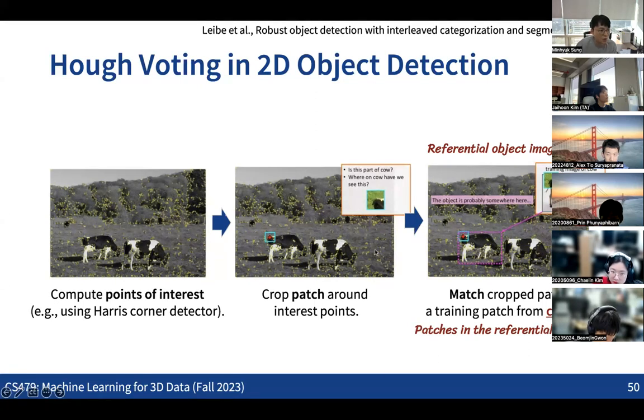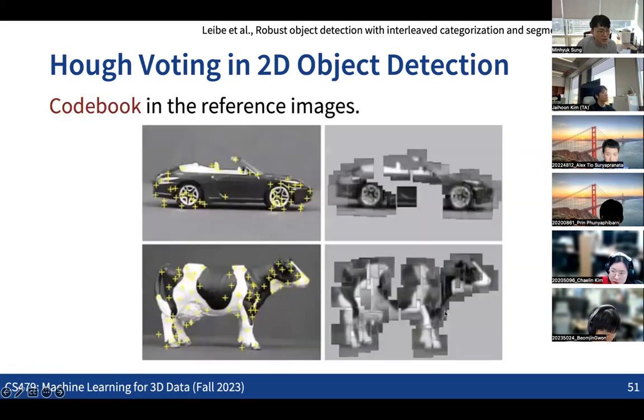Also, for all the patches in the reference set, we know where the center of the object is located with respect to the location of each patch, right? So if we have this patch, then we can draw a vector to the center of the object. And this might be some kind of offset vector from the local patch to the center of the object, right?